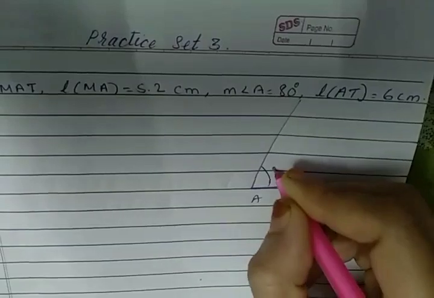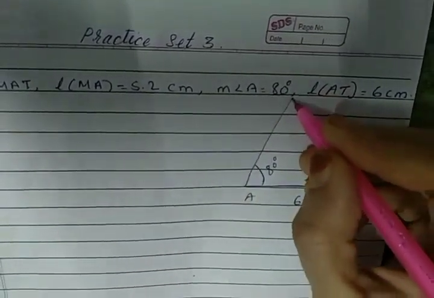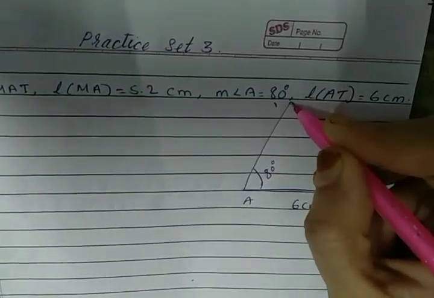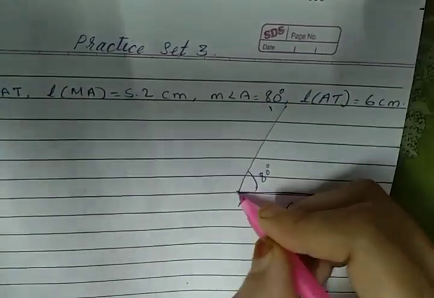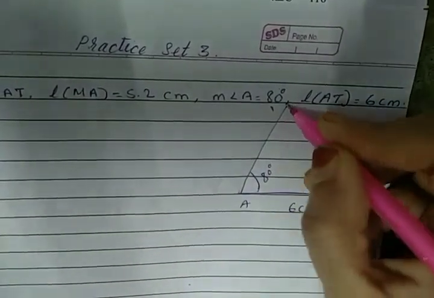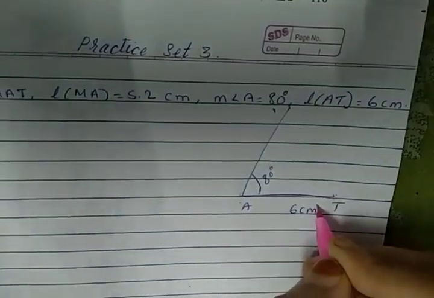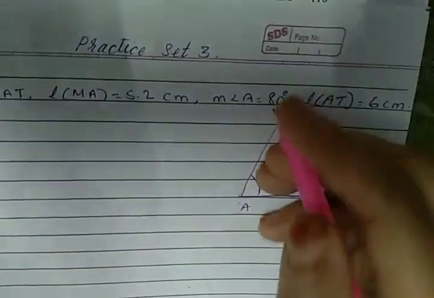80 degree. And MA, from here to here, means M will be here. Here is T. AT we have drawn in the rough figure, so we have to draw MA, 5.2 centimeter.